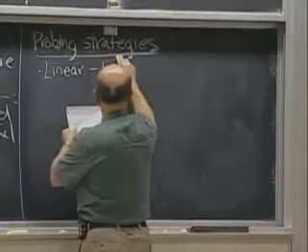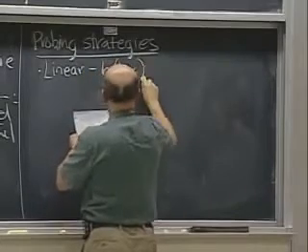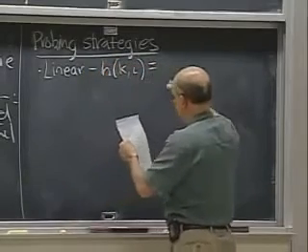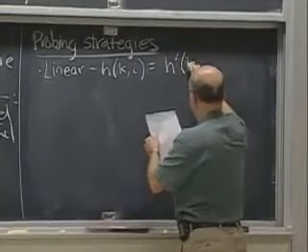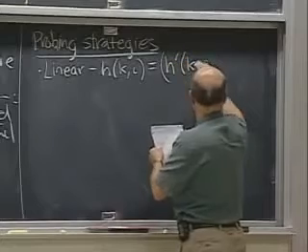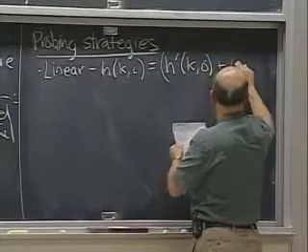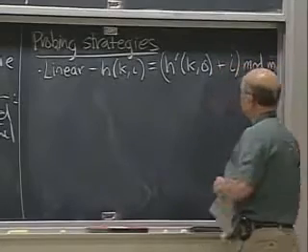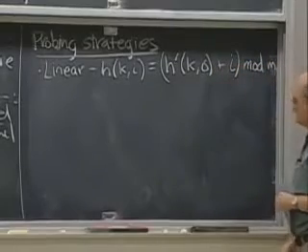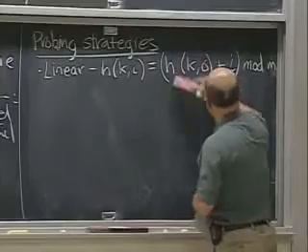And what you do there is you have h of k comma i. You just make that be h of k comma 0 plus i mod m. Sorry, I'm sorry, no prime there.